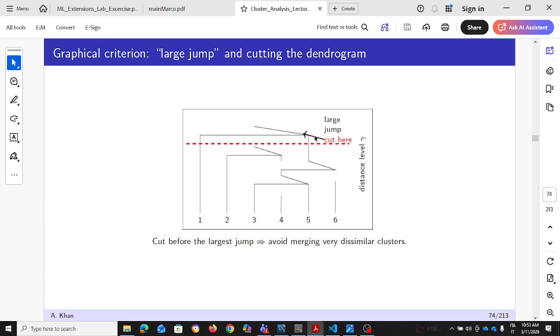It means that if the distance is big, those two clusters are more different from each other. There is more difference. So when you sense some kind of shift like this in your dendrogram, you say, okay, I cut here. Okay, and for me, just these clusters are enough. Meaning below this distance, the clusters are much more similar to each other, and above this cutoff point, the clusters are different from each other.